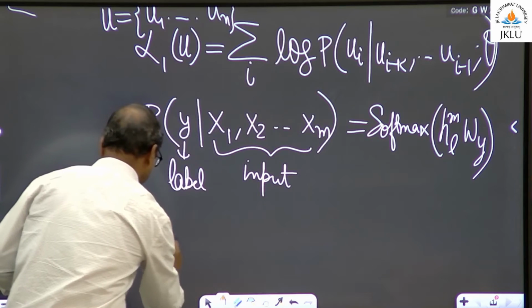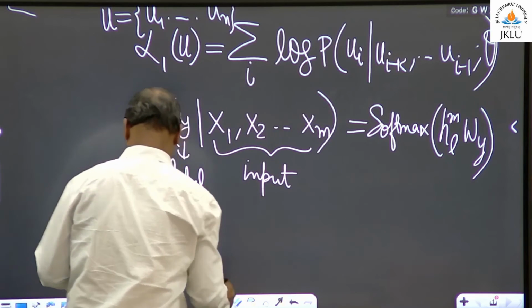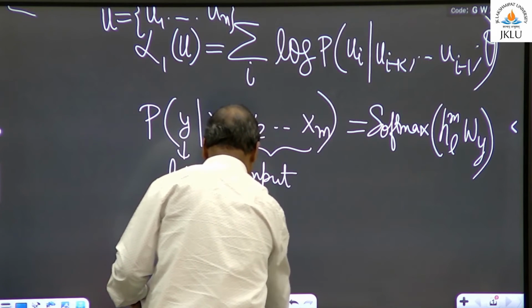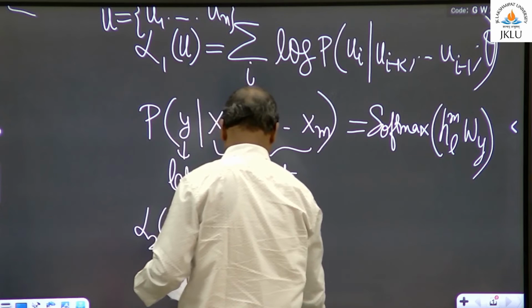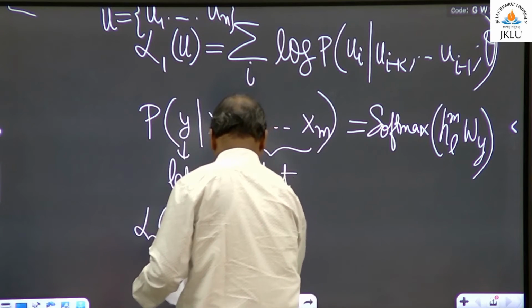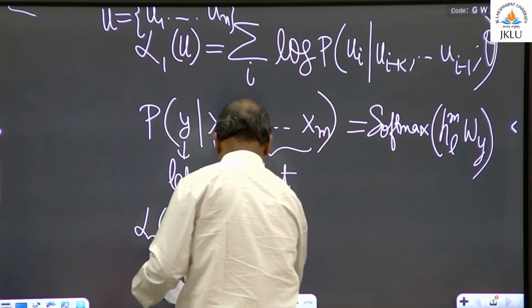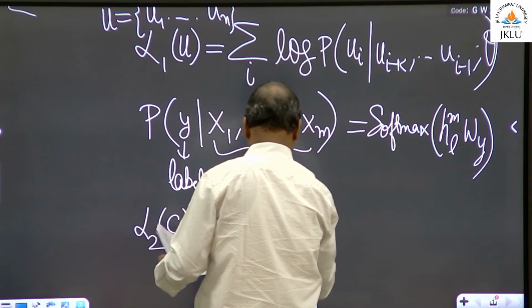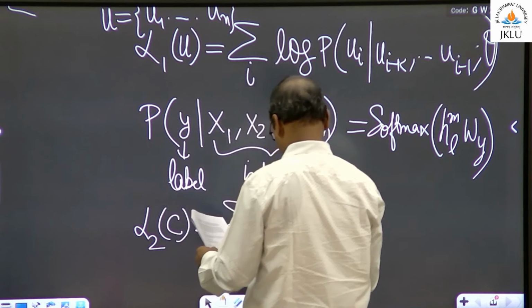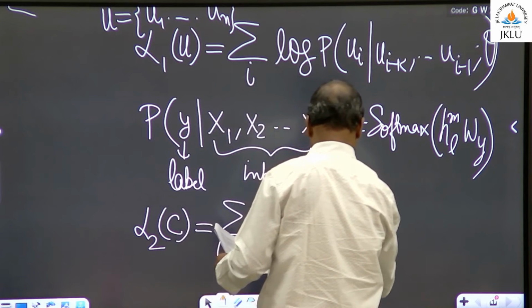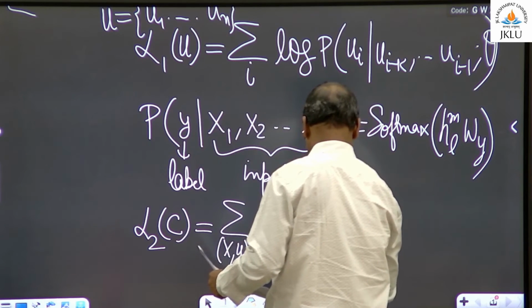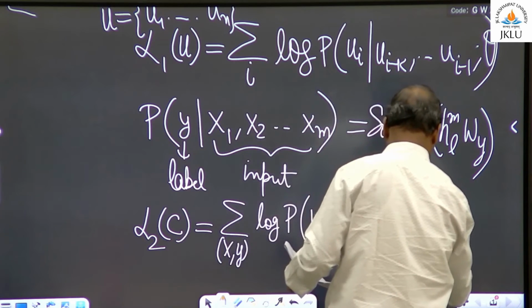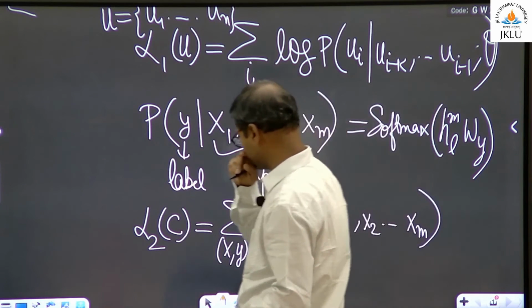So now L2C is summation over all examples log P. This should make sense to you.